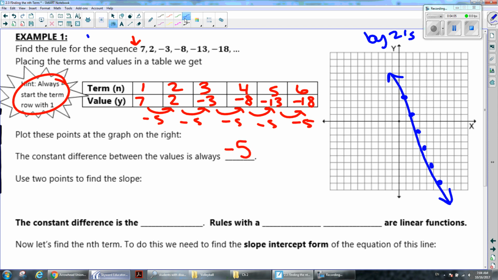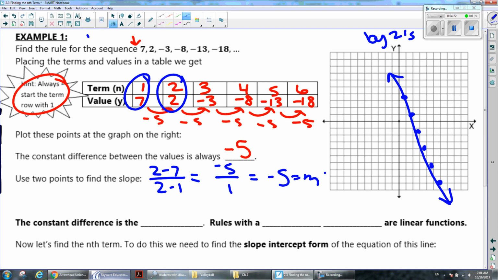If I pick any of these 2 points to find their slope, here my slope is -5. So this constant difference is the slope.